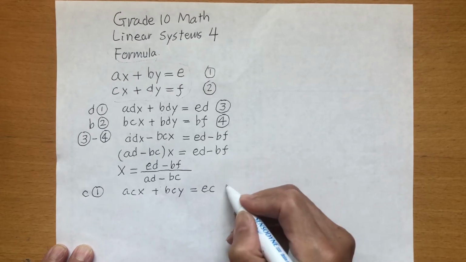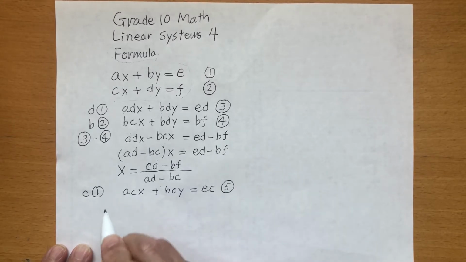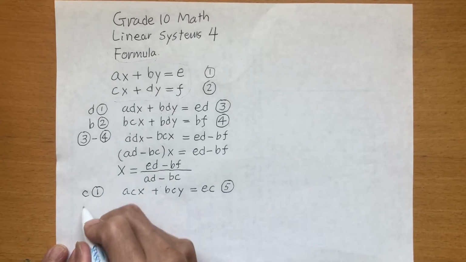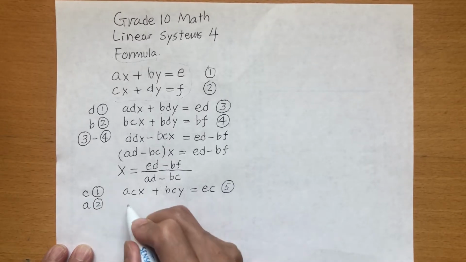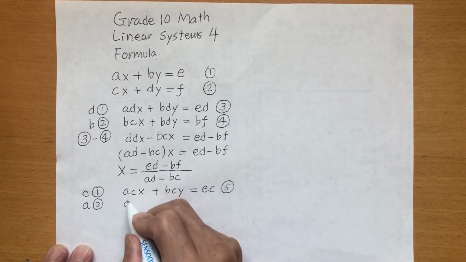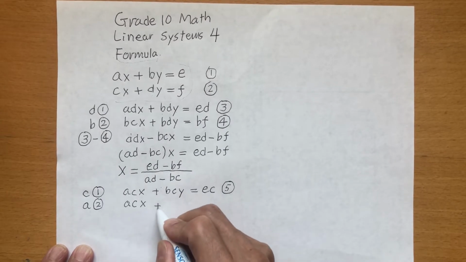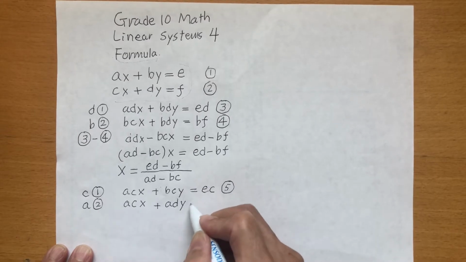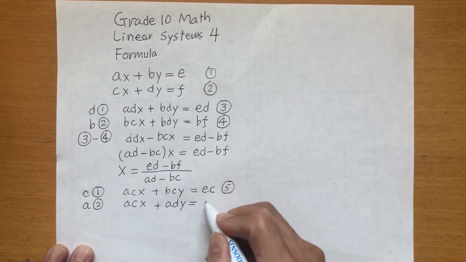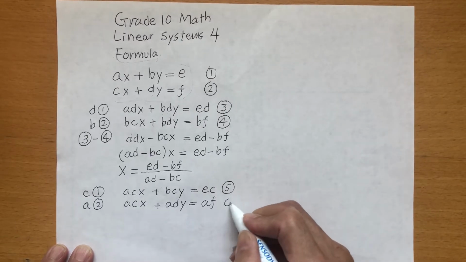I call this equation 5. And I multiply the second equation by A. So I have ACX plus ADY equals AF. I call this equation 6.